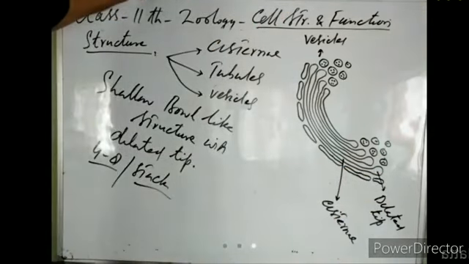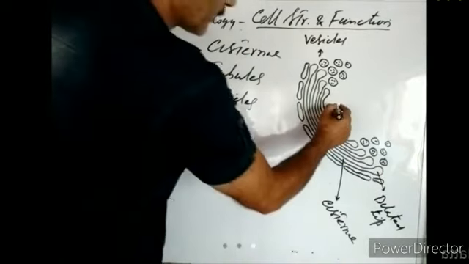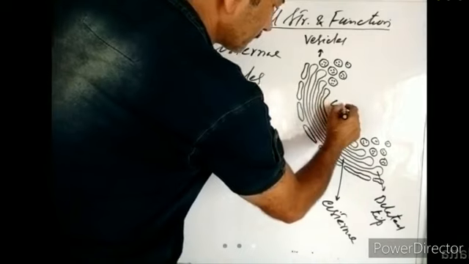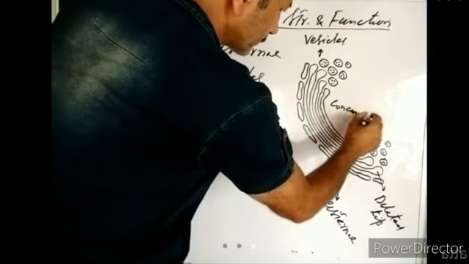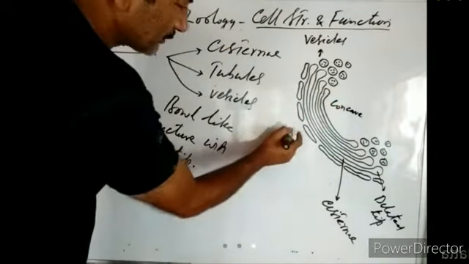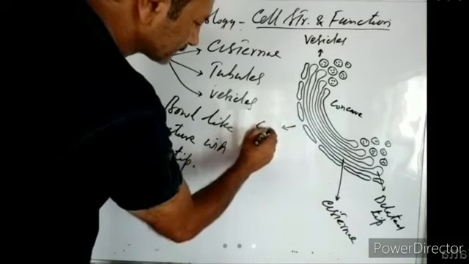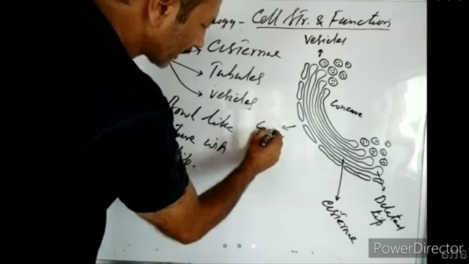So this Golgi body has got two faces. One face is concave, and the other face is convex. So it has got polarity.